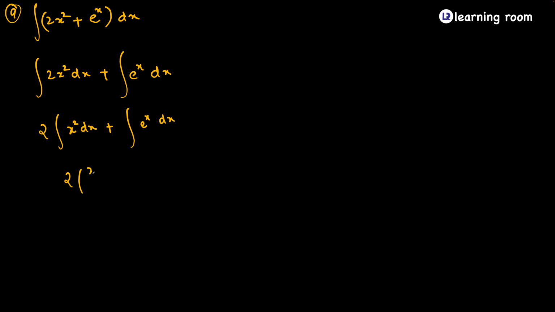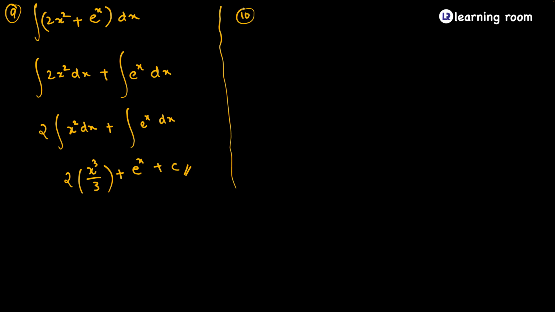X square integral is going to be x cubed by 3. What is going to be the integral of e power x? It will be e power x plus c. Right? I hope that point is clear.